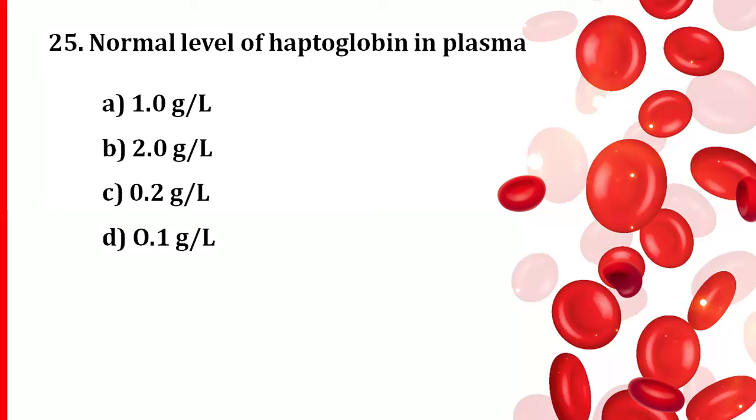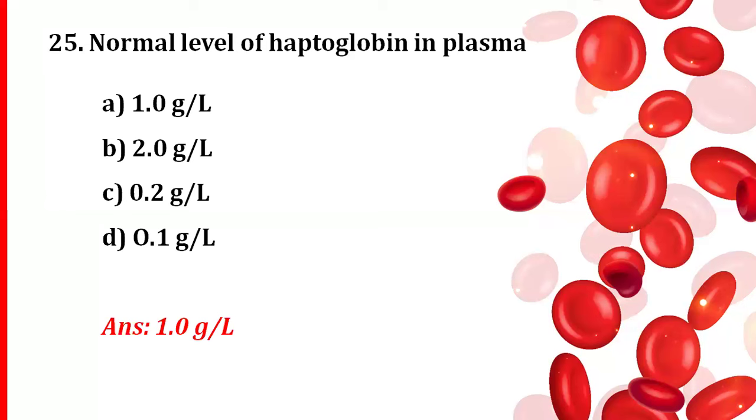So what is the normal value here? Option A, 1.0 grams per liter. Option B, 2.0 grams per liter. Option C, 0.2 grams per liter. And option D, 0.1 grams per liter. Here, the right answer is option A, 1.0 grams per liter.